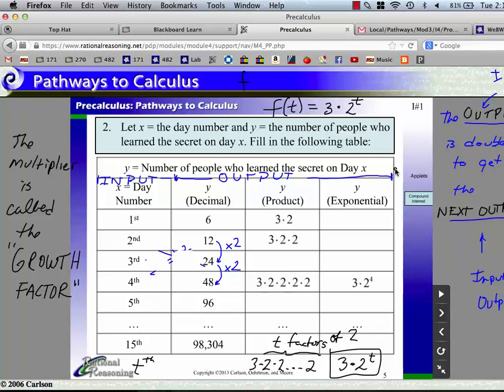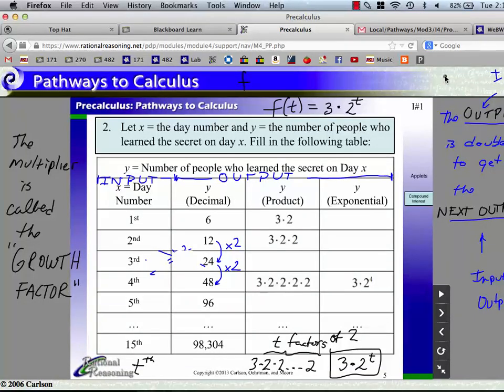So the growth factor 2 would be multiplied by itself 100 times. But what would f of 100 represent? It would mean that on the 100th day, that's how many people know. Yeah, f of 100 would be how many people learn it on the 100th day. That's right. And it would be 3 times 100 2's, right? 100 2's multiplied together.